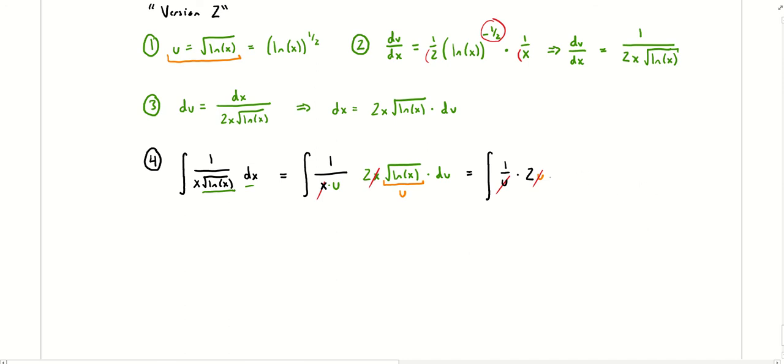So we actually get a really easy integral to solve here, the integral of 2, and we're integrating with respect to u. And so if we're integrating a constant, the thing that gives that constant as a derivative is going to be the constant times our variable. In other words, 2 times u plus that arbitrary constant c.